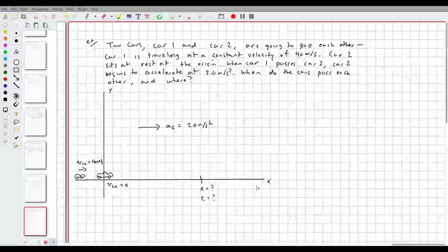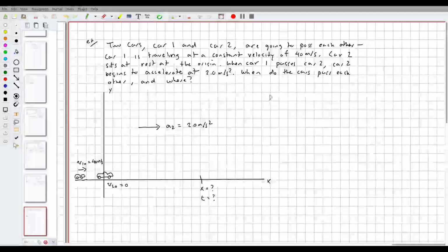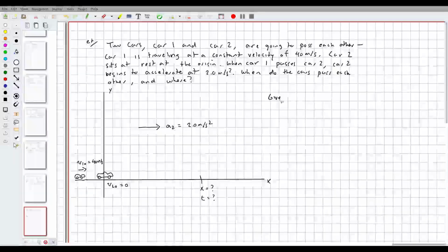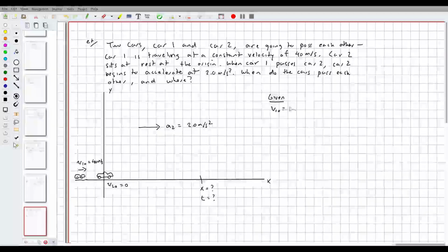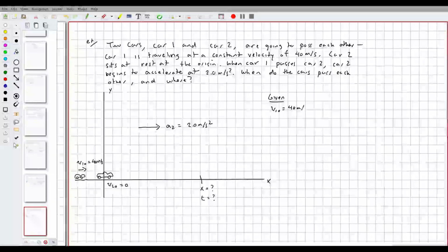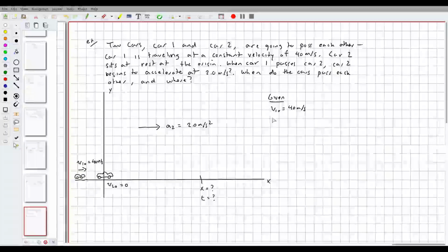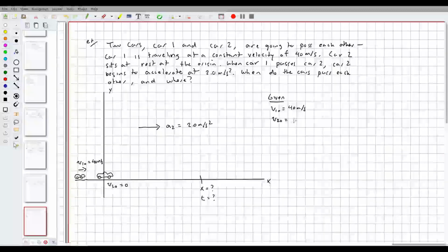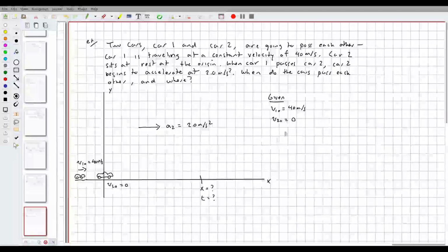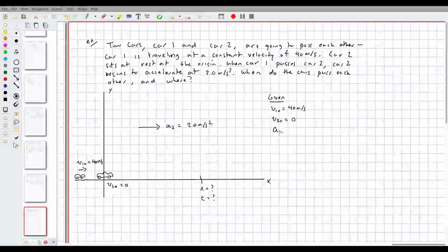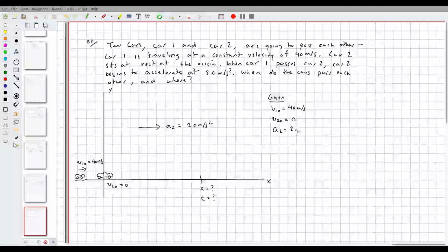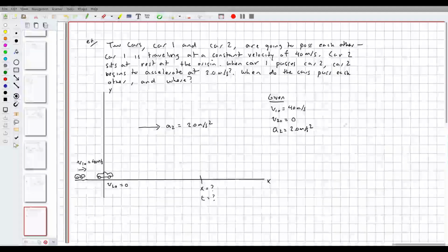So, what are we given so far? We're given that car 1's initial velocity is 40 meters per second to the right. We're given that car 2's initial velocity is 0. We're also given that car 2 experiences an acceleration of 2.0 meters per second squared.